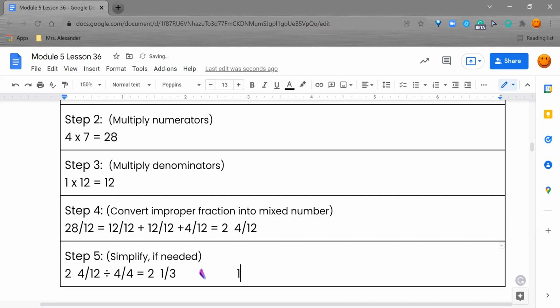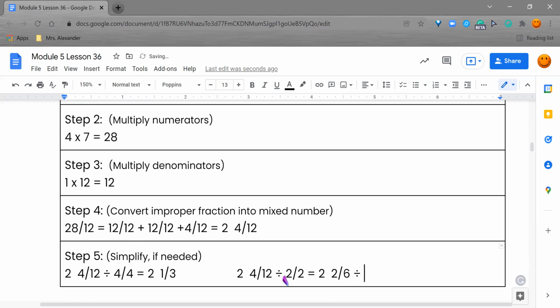If you didn't notice that, I'll show you another way you could have done it. I'm going to quick copy, Control C, and Control V. I notice that they're both even. So I'll put my 2 down, and 2 goes into 4 2 times, and 2 goes into 12 6 times. Now I notice that it's still even.